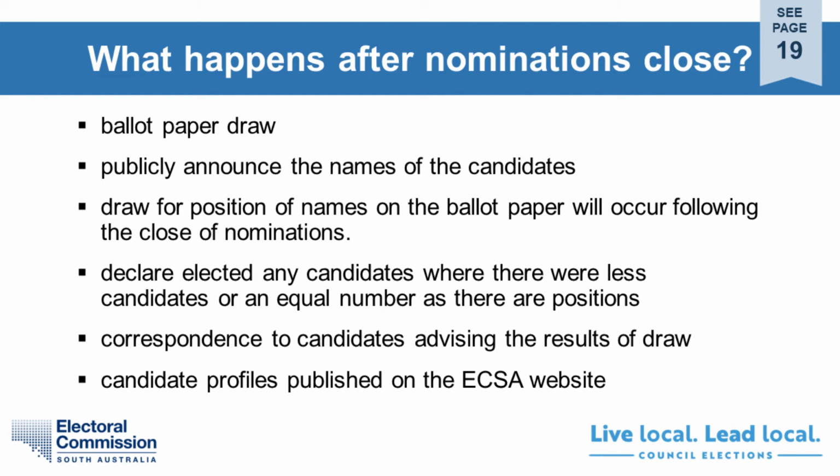For a contested election, where there were more candidates than the positions to be filled, you will receive correspondence informing you of the names of candidates in ballot paper order, postal voting procedures and voting material mail-out dates, scrutiny and count details, a statement relating to publication of electoral material, illegal practices, campaign donations return, and movable signs, a copy of the campaign donations and large gifts returns, and a copy of the scrutineer authority form.